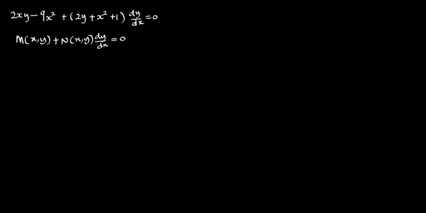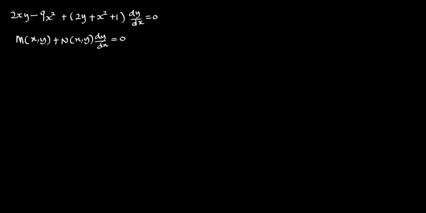So when you have a differential equation of this form, the first thing you have to do is to test for exactness. To test for exactness, all you have to do is to find the partial derivative of M(x,y) with respect to y, and also the partial derivative of N(x,y) with respect to x, and compare these two and see if they are the same.